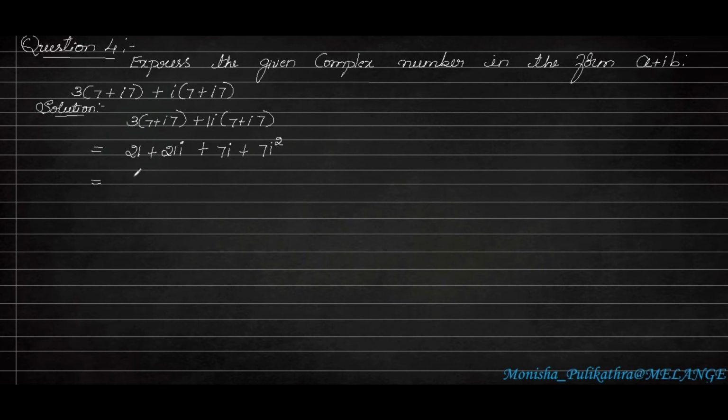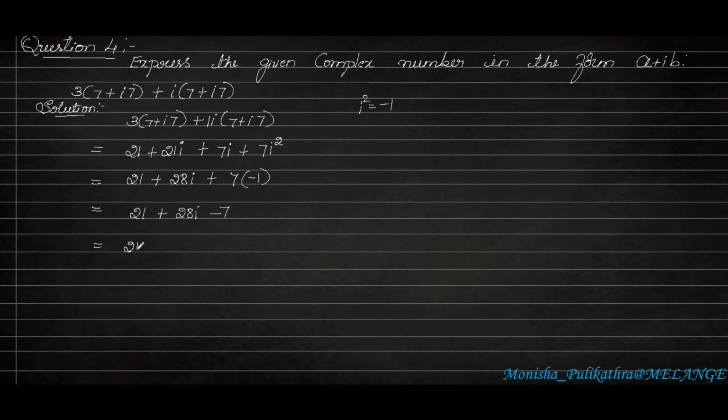Okay. So next, write down 21 as it is, plus 21i plus 7i will become 28i, plus 7 into i square. We know that the value of i square is equal to minus 1. So we can substitute minus 1 in the place of i square. So here this will become 21 plus 28i. Here 7 into minus 1 is minus 7.